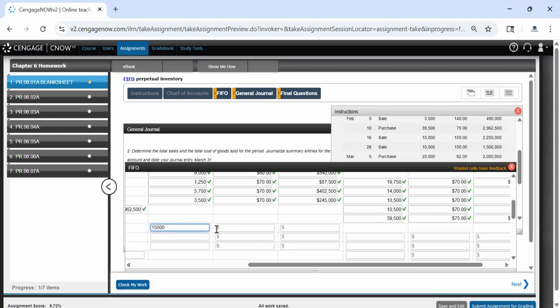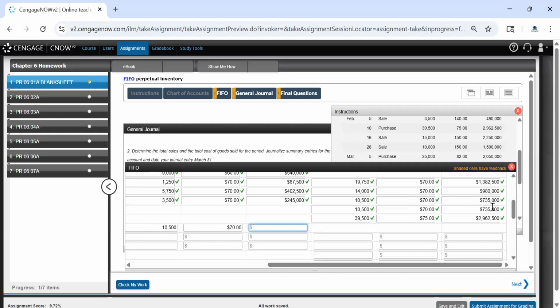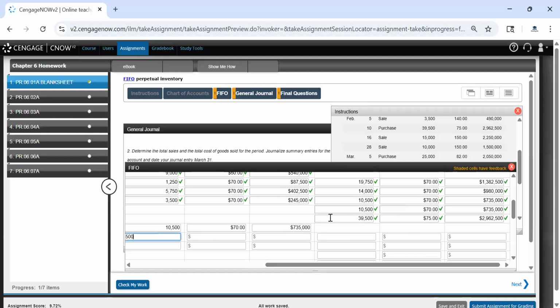And so we're going to use up 10,500, which is the total remaining balance of the $70 inventory. And our cost is 735,000 for that. Now we need to use up 4,500 units of the $75 inventory. And that comes out to 337,500.